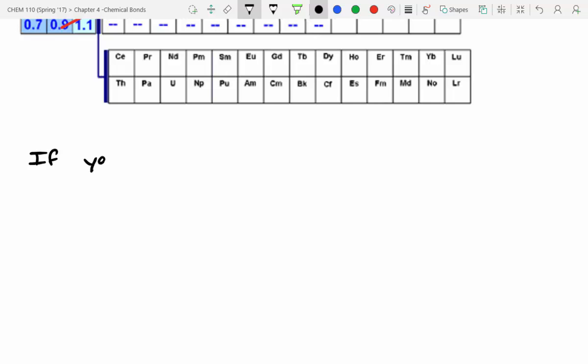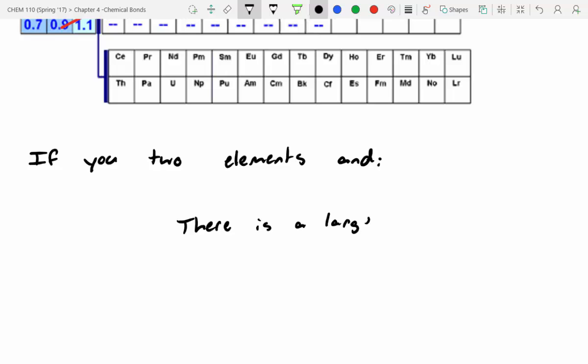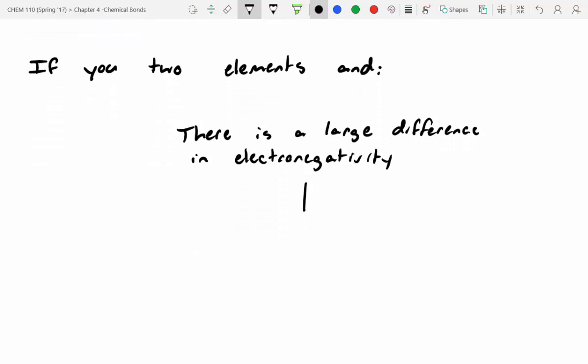If you have two elements, and there is a large difference in EN, or electronegativity, then there will be a theft of electrons.